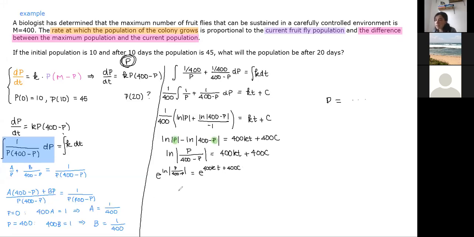Now, e to the ln of this is going to become just P over 400 minus P. And on the right-hand side, I'm going to break this sum in the exponent of e as a product. So that means I'm going to have e to the 400c times e to the 400 times k times t.